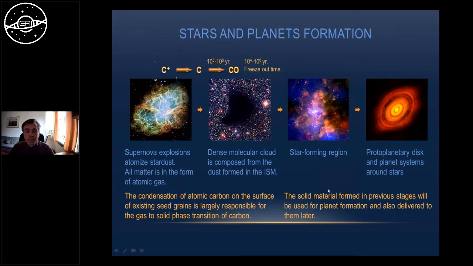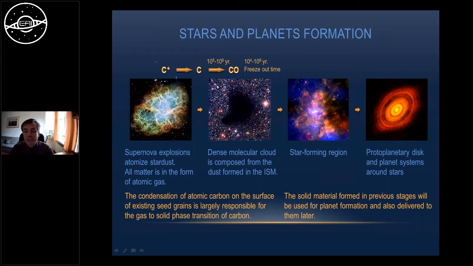We should also consider what kind of surface reactions could be important for the formation of biological and organic molecules. In this case, the carbon element is of the main importance, of course, and we should also consider that supernova explosions define the initial state of matter in the ISM in the form of ionized atomic gas.